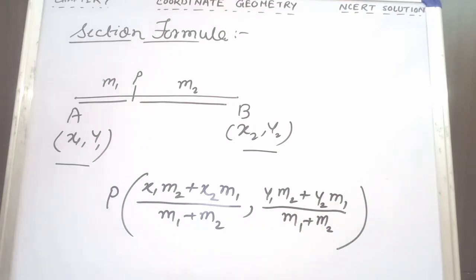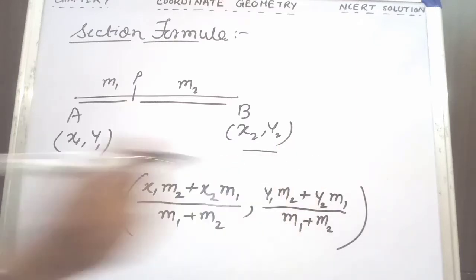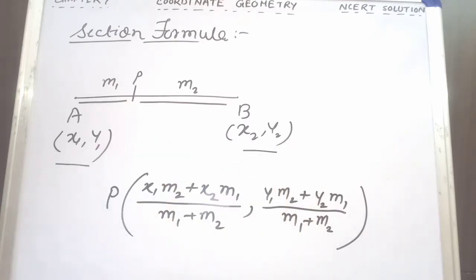It looks really complicated but actually it is very easy. This is the x coordinate, this is the y coordinate. In both cases, the denominators are the same: M1 plus M2.